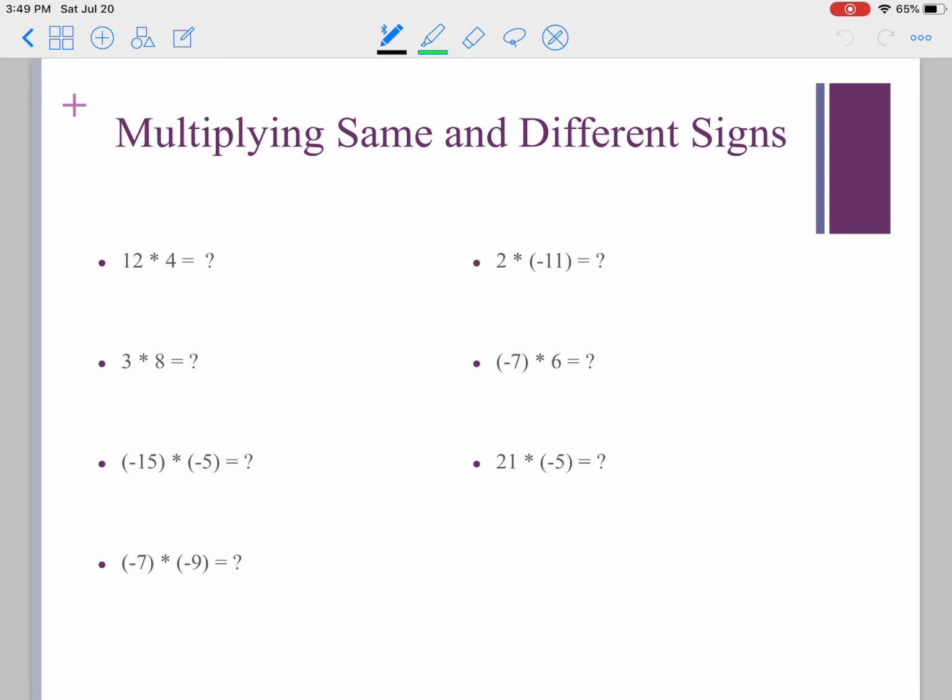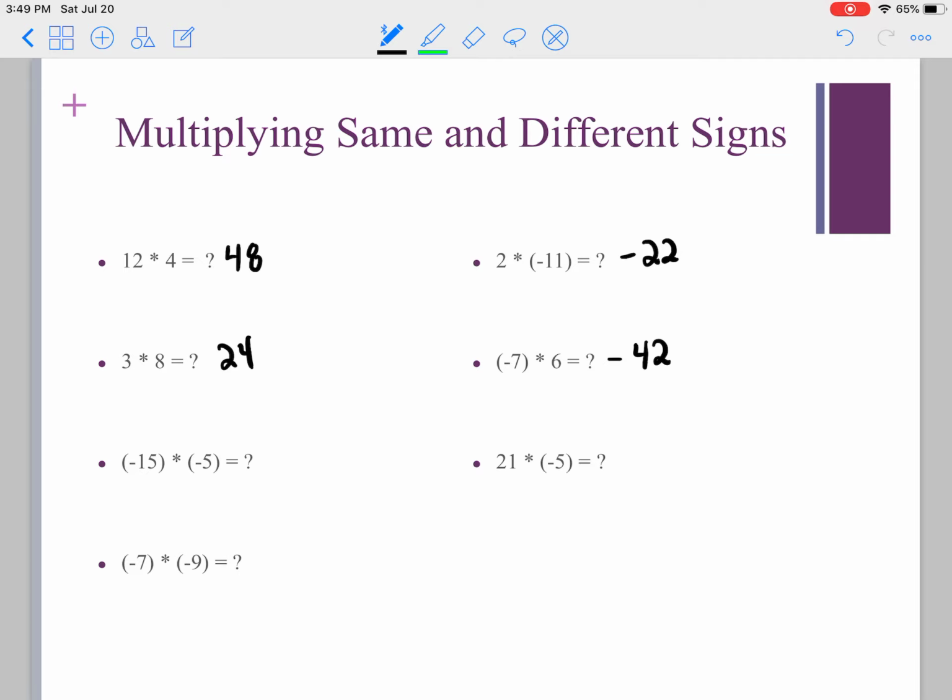Okay, now that you're back, let's go ahead. 12 times 4 is 48. 2 times negative 11 is negative 22. 3 times 8 is 24. Negative 7 times 6 is negative 42.